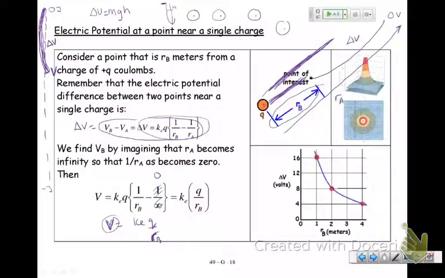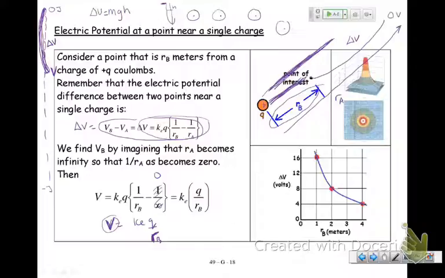If I make this 4 times bigger, what happens to this side? Is that an inverse square or is that an inverse relationship? So forces went as inverse or inverse squared? Inverse squared. Fields went as inverse or inverse square? Potentials go as inverse. And so potential energy will go as inverse.